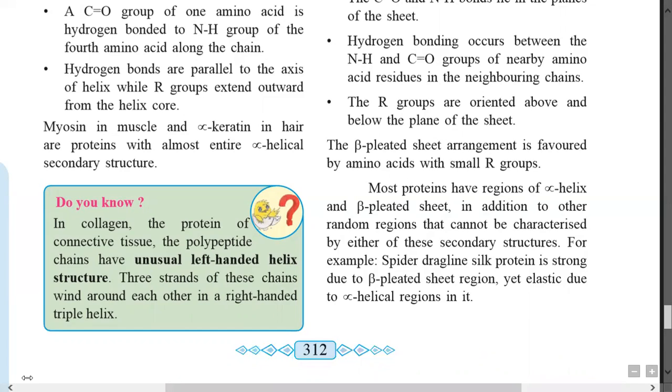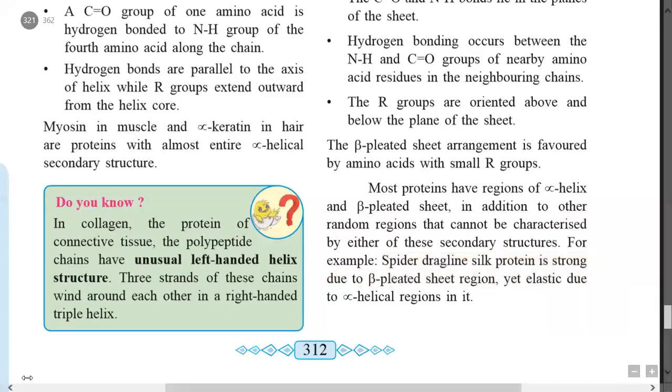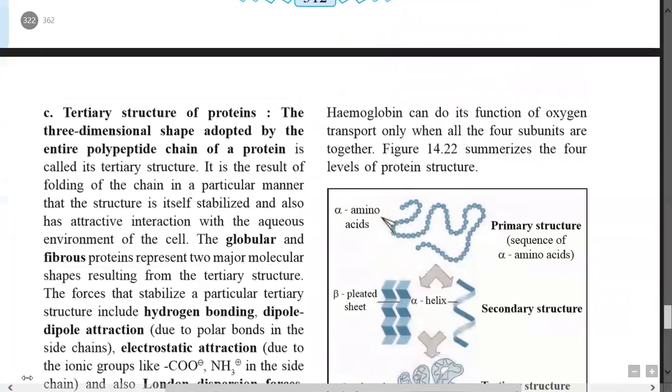For example, the spider dragline silk protein is strong due to beta pleated sheet regions and elastic due to alpha helical regions in it. So that is one very good example.